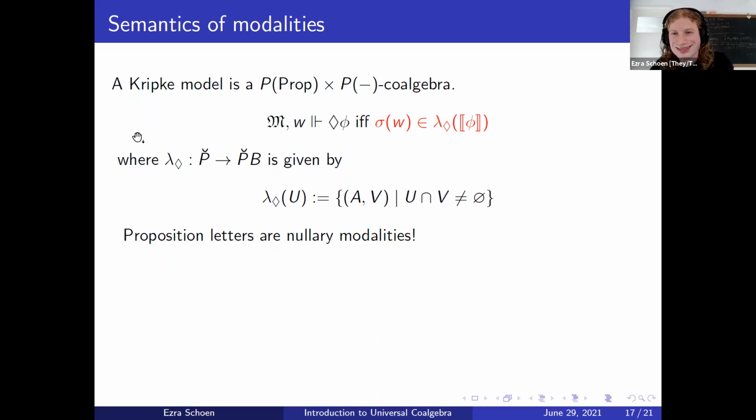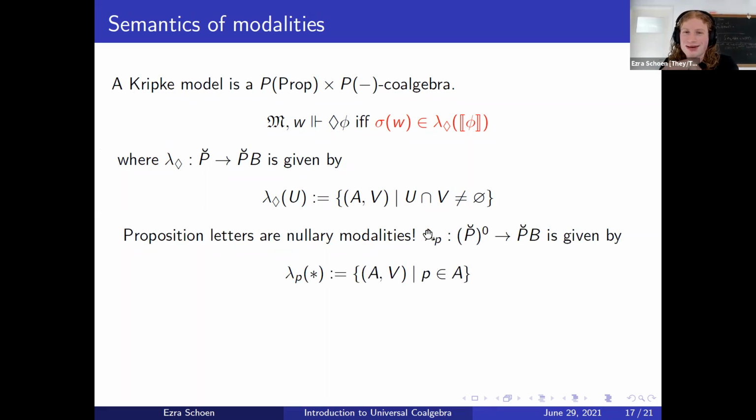In fact, and this is something which I think is true, but maybe not everyone agrees, I think proposition letters are really just nullary modalities, because they can be described in exactly the same way as the diamond, as I do above. What you have is a natural transformation from the 0th power of the contravariant power set to the contravariant power set of the B. Really, this is just a subset of possible unfoldings.